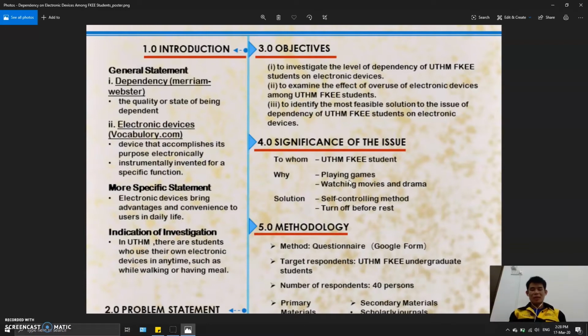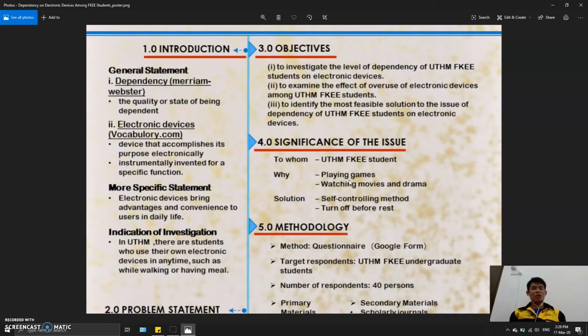Users may use them to ease their work, such as making reports, finding information, sending email, and so on. Although electronic devices may bring benefit to all the users, they also cause an obvious effect to all the users. In UTHM, we found that there are many students who use their own electronic devices at any time, such as while walking or having meals.